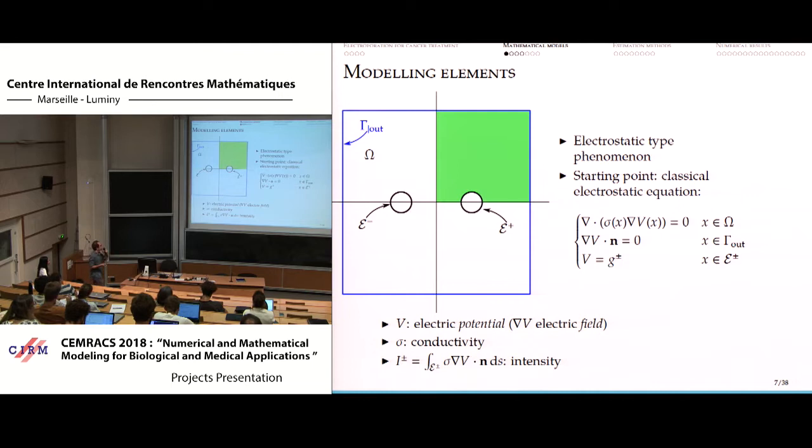The very standard thing you can do is to look at the electrostatic equation, where V is the electrical potential and sigma is the conductivity of the medium. You have this very classical equation with homogeneous Neumann boundary conditions on the blue boundary, which means that you have no flux outside of the body, which is realistic, and then you apply the voltage on the electrodes. This is the general setting of everything.